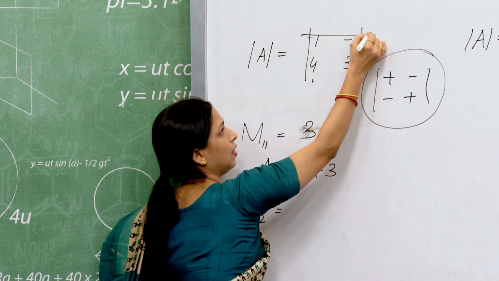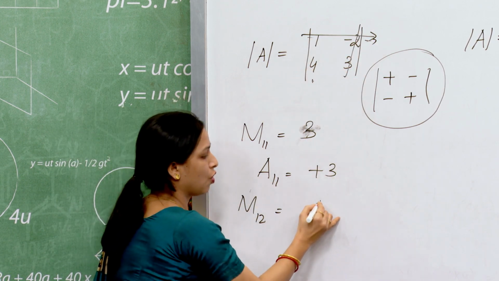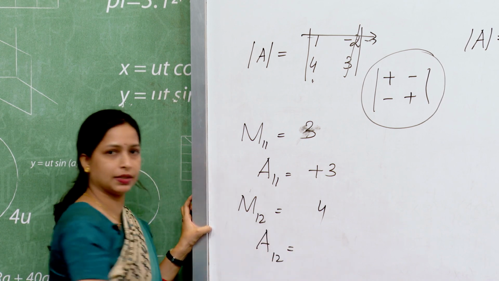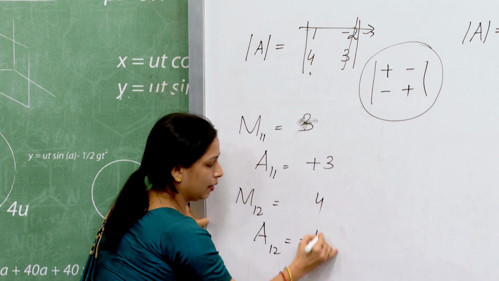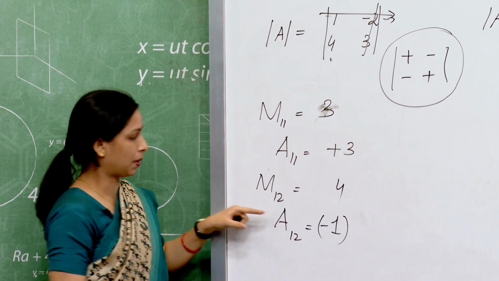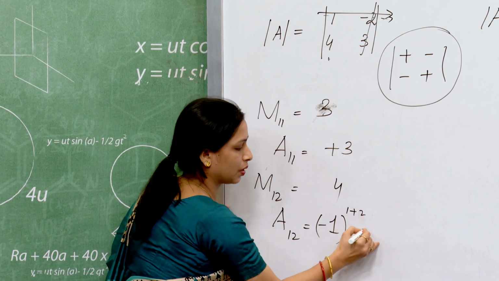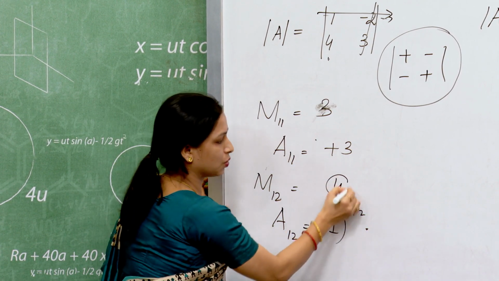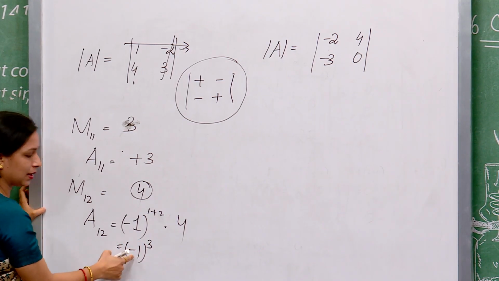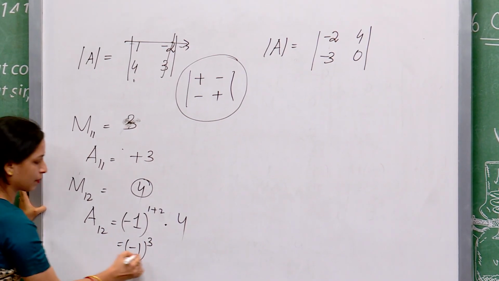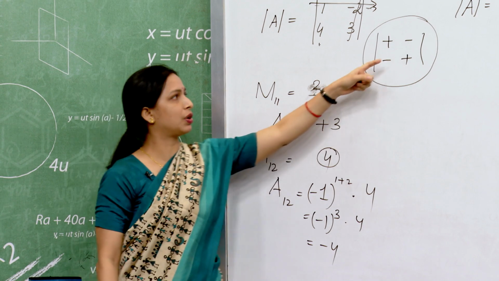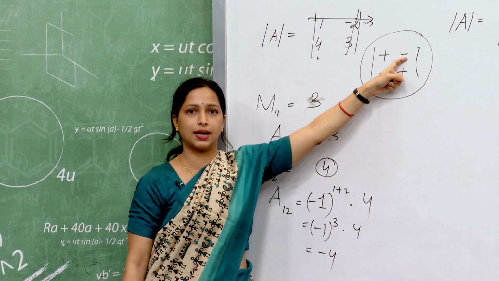We delete the row and the column, the resultant is 4, right. Now, how do we find out the cofactor? Minus 1 to the power the row number plus the column number. So, 1 plus 2 into the minor, minor is 4. So, minus 1 to the power 3, that means the sign will be minus. So, it will be minus 4, or if we remember the diagram, we know the sign is minus.